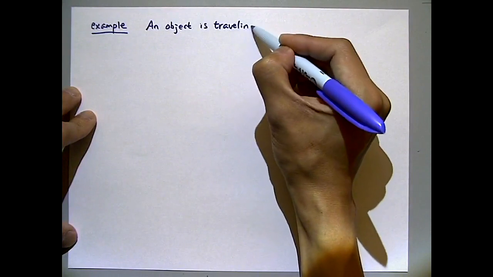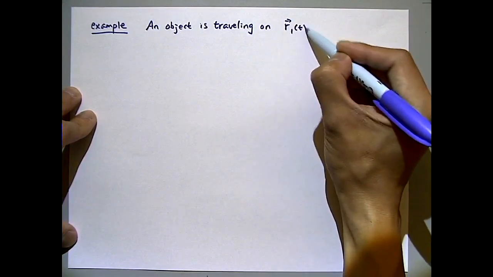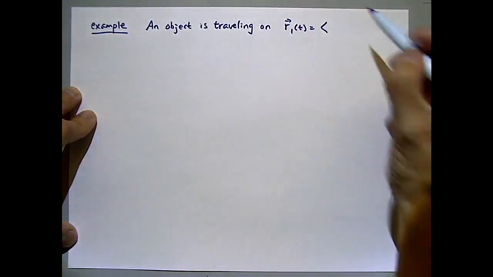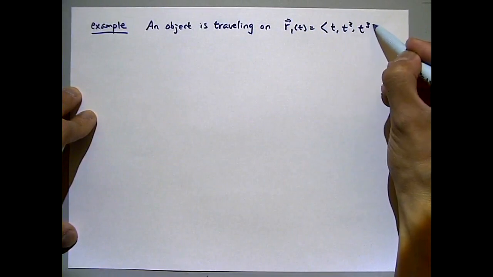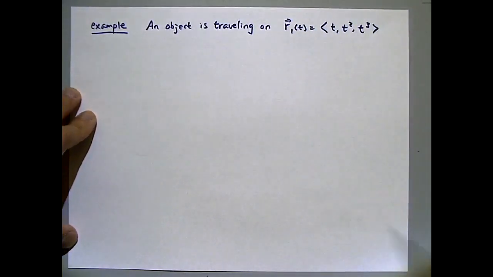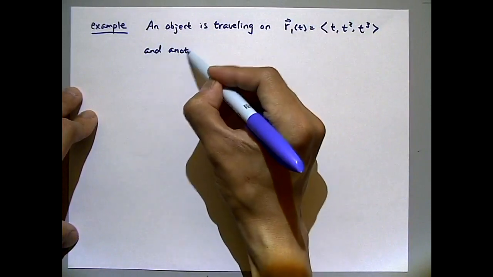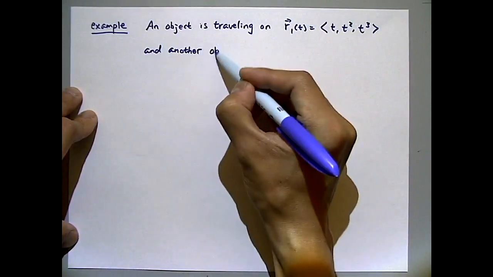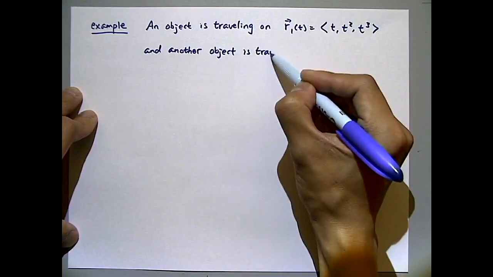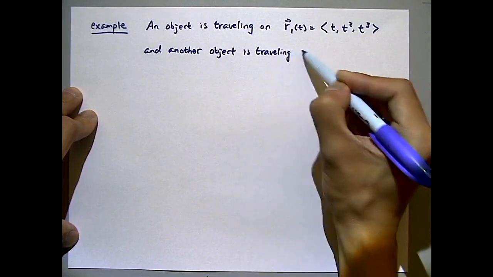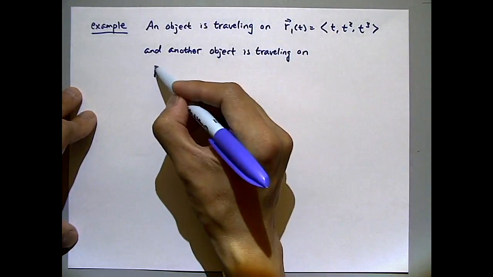We have an object traveling on r1 equal to t, t squared, t cubed. And another object is traveling on this second space curve.